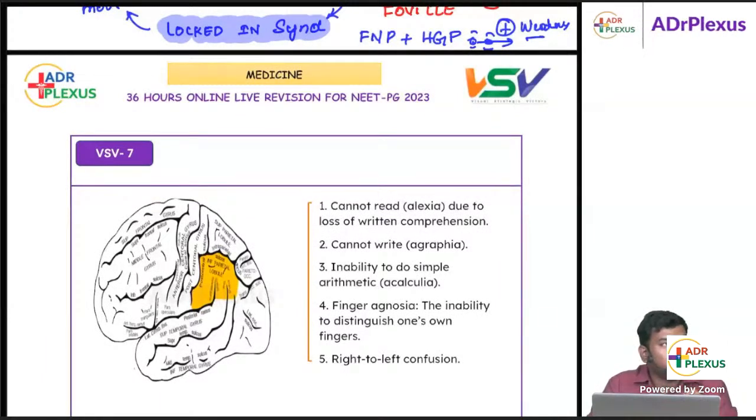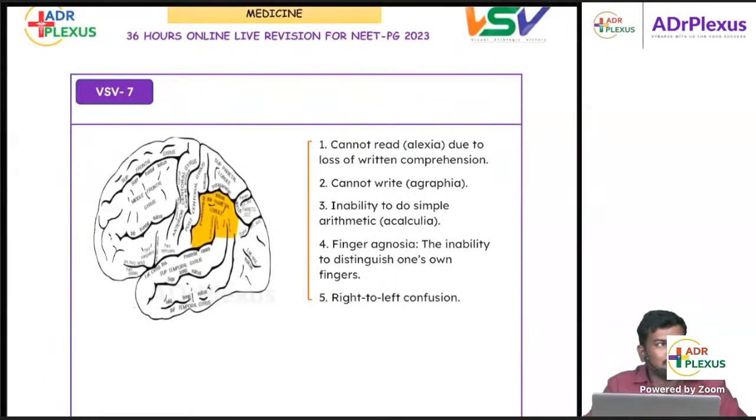Now coming to the next picture. What is this area of the brain? Which lobe and area?